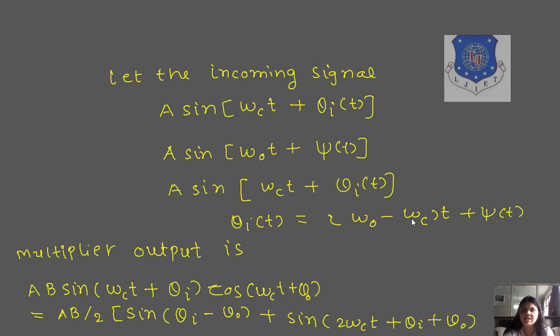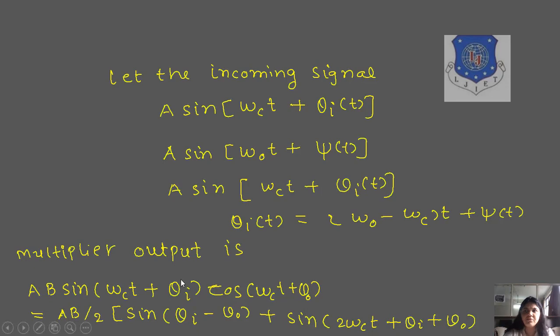This input signal is applied to the multiplier, and the multiplier has two inputs: one from the input signal and another from the VCO. So the multiplier output is AB sin(omega_c t + theta_i) cos(omega_c t + theta_0).